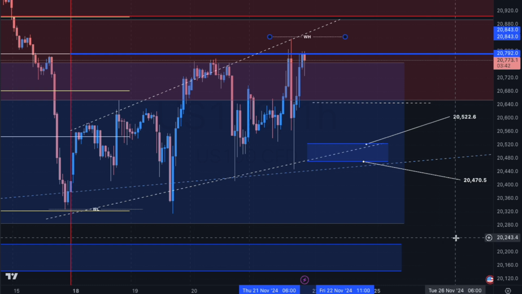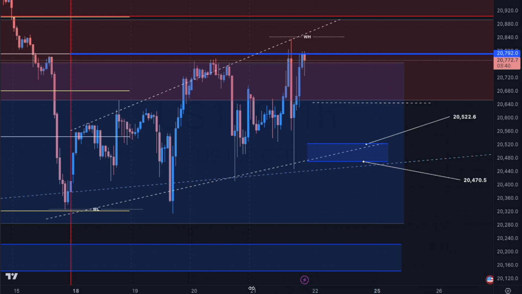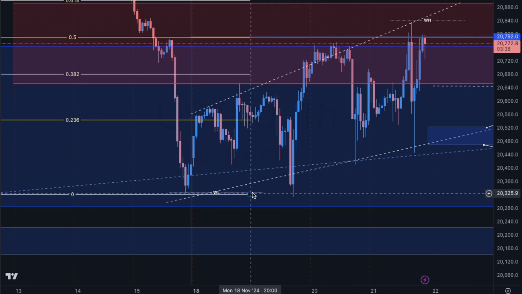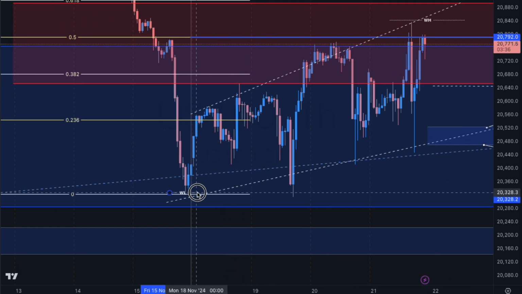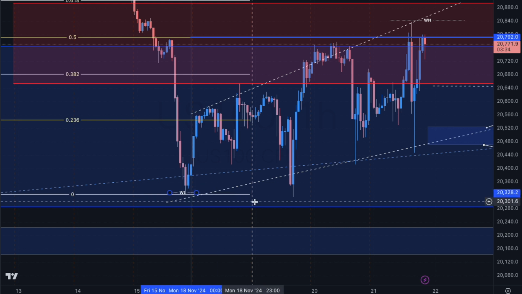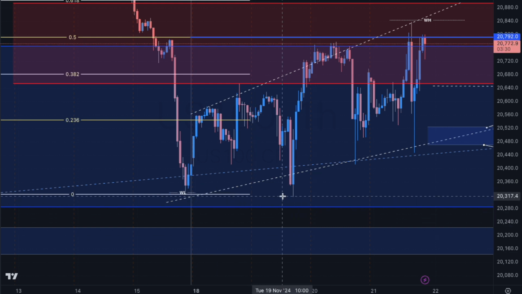It's not set in stone yet because we don't really know right now, we're just guessing. Let me move this back, and then let's add what could be the new weekly low, but that we don't know yet until Friday. But we can start to make assumptions from now.